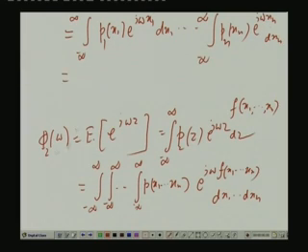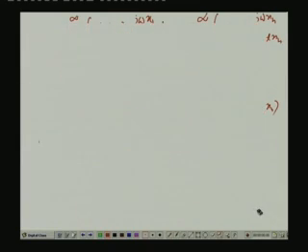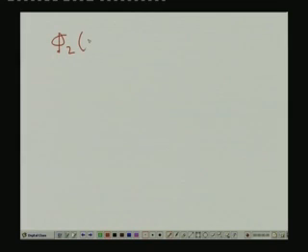So, that means phi_Z of omega is nothing but phi1 of omega dot dot dot multiplied by phi_n of omega. So, a product of several Fourier transforms gives rise to the characteristic function of Z. We know the convolution theorem.